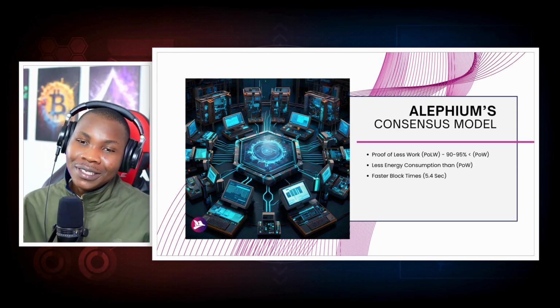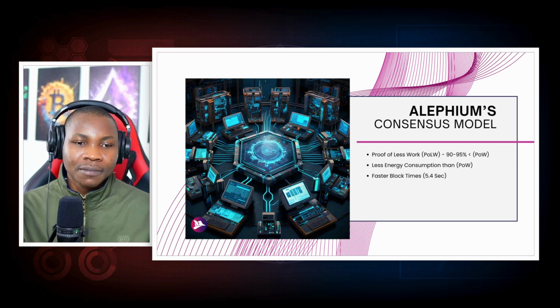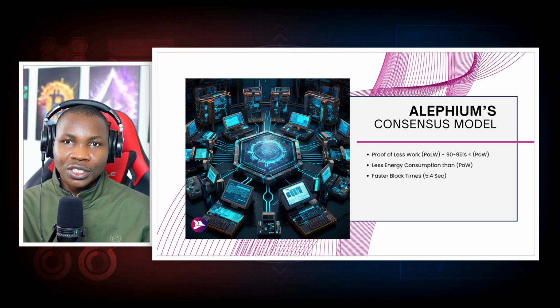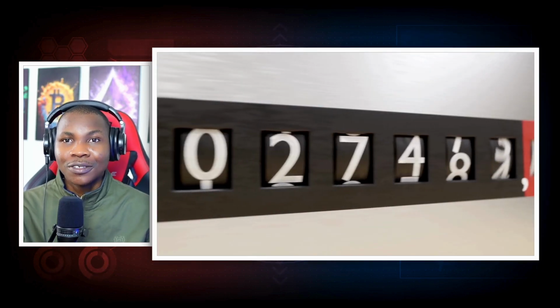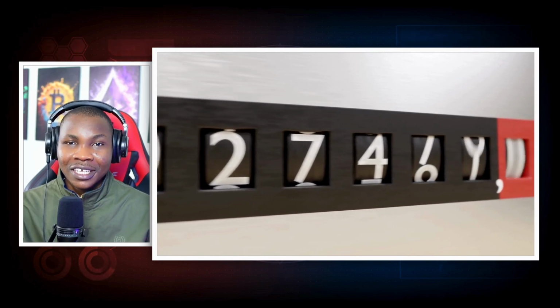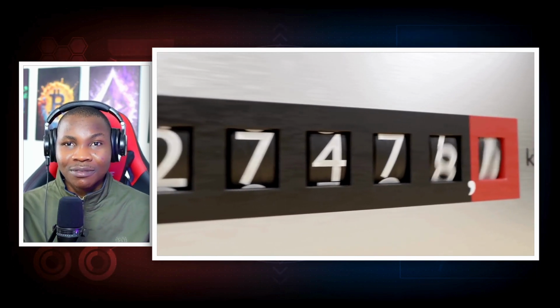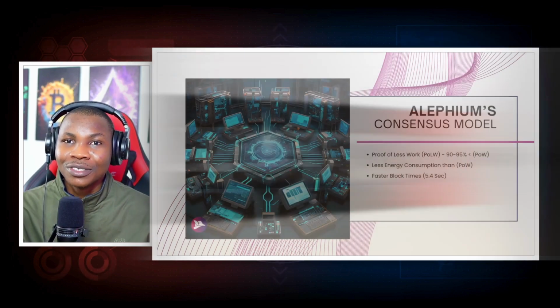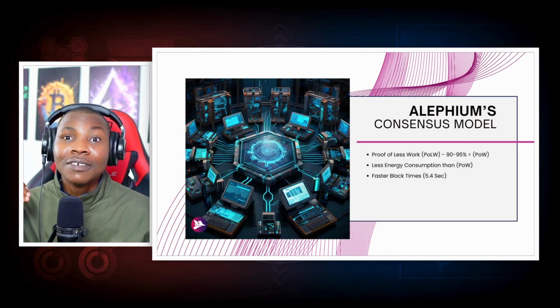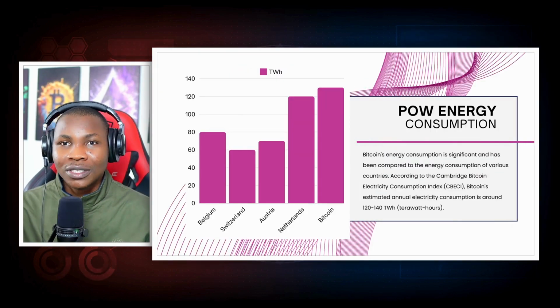Okay, so this means that the Bitcoin blockchain, since it uses proof of work, does consume a lot of energy. The estimation of Bitcoin energy consumption is even greater than most developing countries.